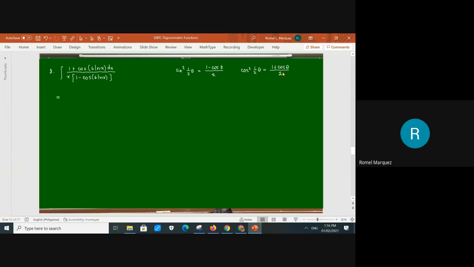Still remember this, guys? In your pre-calculus, if you had this in senior high, or in college, you have bridging subjects about trigonometry.